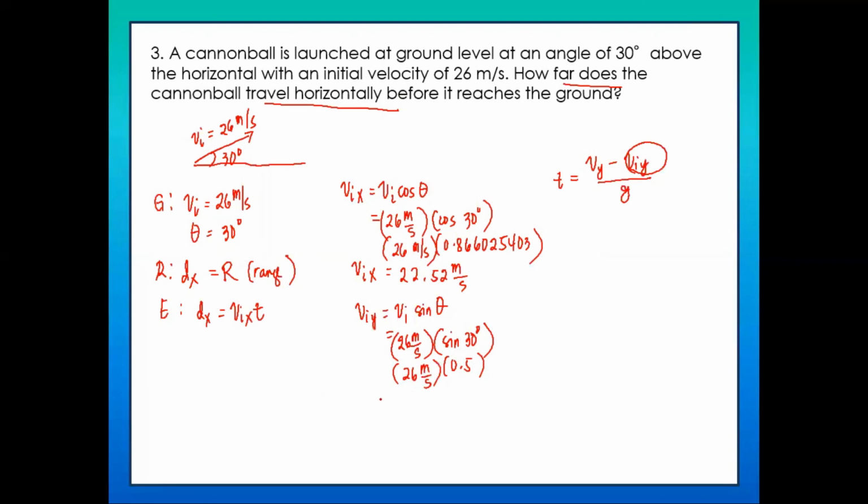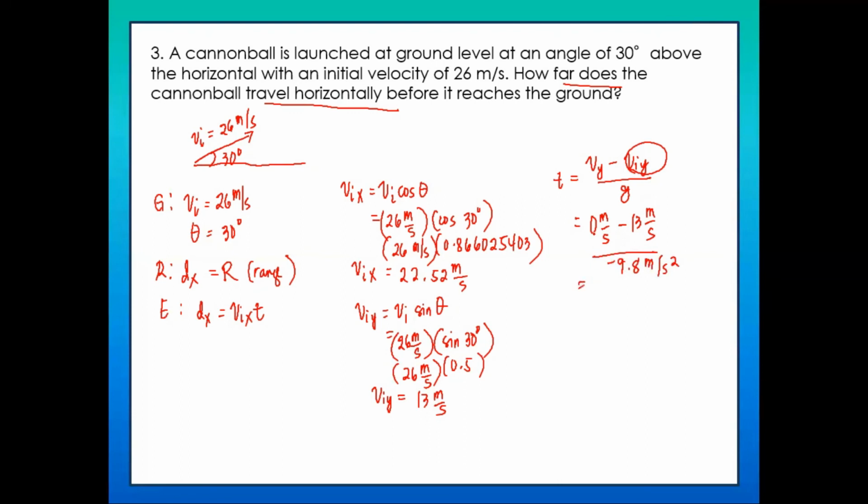That gives you your v sub iy is 13 meter per second. So, gagamitin natin siya here, knowing na alam na natin na final velocity at vertical component is always 0 meter per second minus 13 meter per second over the gravity na negative 9.8 meter per second squared.